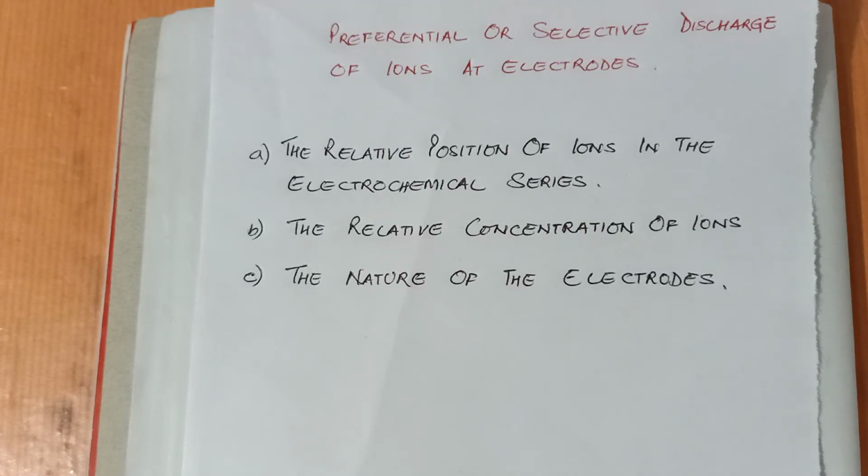Now we'll move on to the last topic of today's class, and that is preferential or selective discharge of ions at electrodes. Why do we need to understand this term? Because sometimes in an electrolytic solution there may be more than one type of ion.